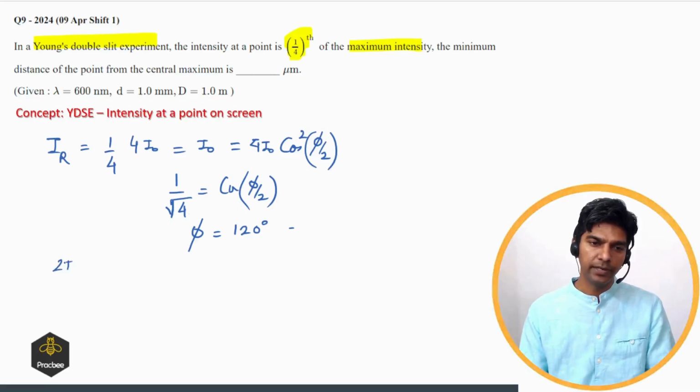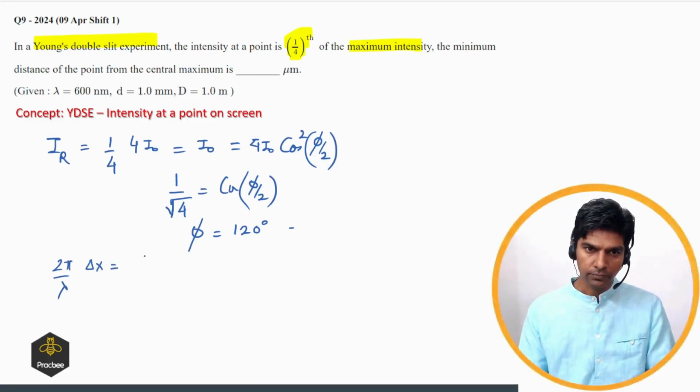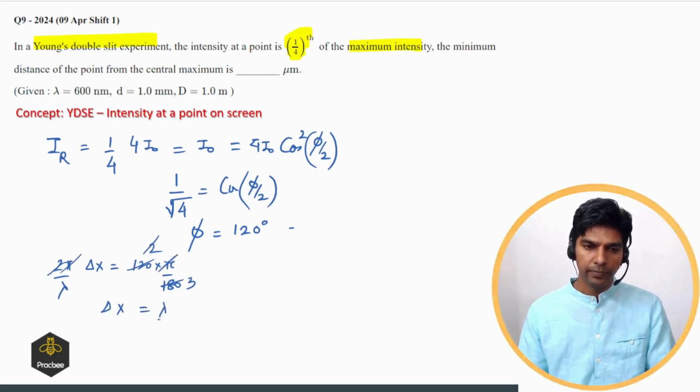So 2 pi by lambda times delta x will be equal to phi, and phi will be 120 times pi by 180, so that will be 2 pi by 3. So this will cancel out, pi will also get cancelled out, so delta x will be lambda by 3.